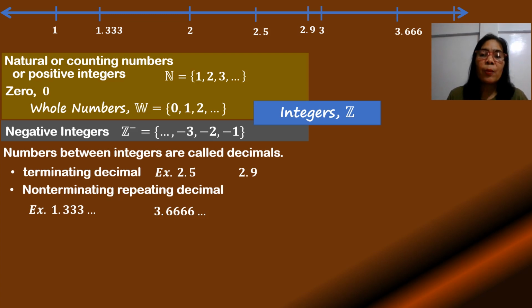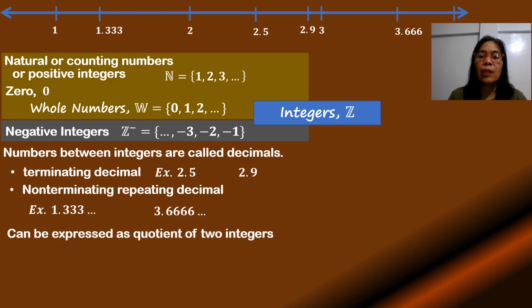Now, these two types of decimals, the terminating decimal and the non-terminating repeating decimal, can be expressed as a quotient of two integers. For example, 2.5 may be expressed as 5 halves. The 2.9 may be expressed as 29 over 10. 1.3333 may be expressed as 4 over 3, and 3.6666 may be expressed as 11 over 3.